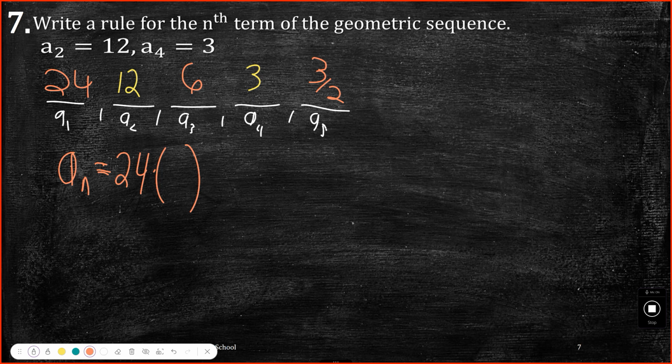We're dividing by 2 or we're timesing it by what? 24 times what, this is what the common ratio is, gives you the next number. We're timesing it by 0.5 or a half, yes? So half of 24 is 12, no? So we're timesing it by half. So this R is 1/2, n minus 1.